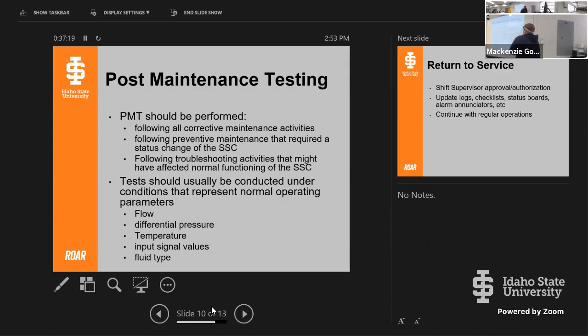So, post-maintenance testing and this verification process should be performed following all corrective maintenance. Corrective maintenance, you guys know what that means? Fixing a problem. Yes, there's an actual deficiency and we're going to correct it. Preventative maintenance, you guys know the definition of this? Maintenance before something breaks. Yes, preventing that break on a regular schedule, right?